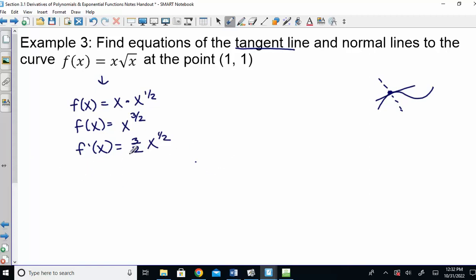Okay, so here's the equation for the derivative. So to get the slope, what am I going to plug in for my x? 1. Okay, square root of 1 is 1 times 3/2 is 3/2. So my point is 1, 1, so plug into y equals mx plus b.